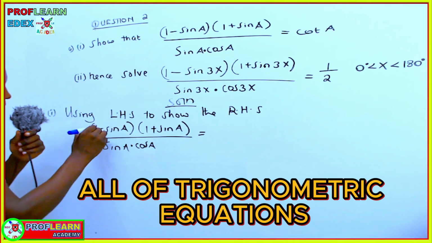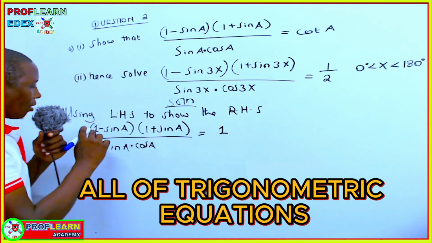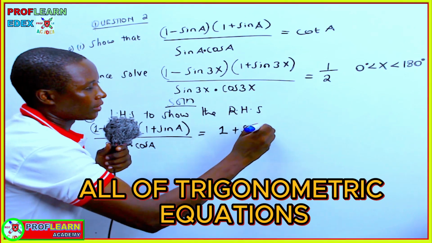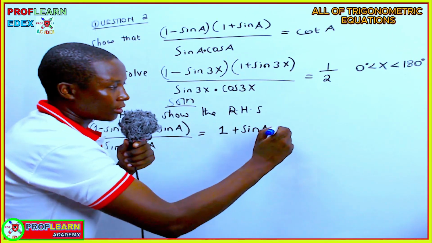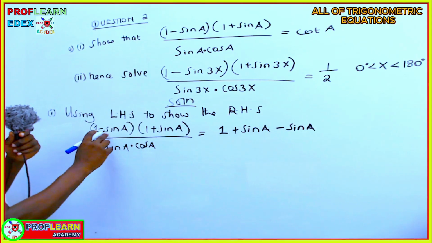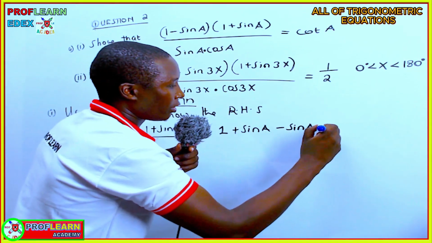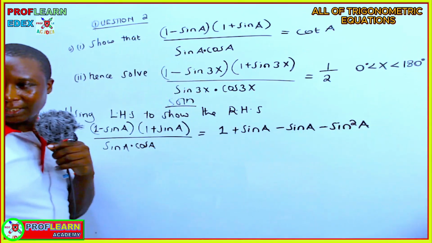If we expand this, 1 times 1 is going to give us 1. 1 times sine A is going to give us plus sine A. Minus sine A times 1 gives us minus sine A. Then minus sine A times positive sine A gives us negative sine squared A.